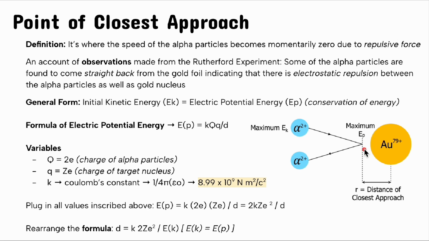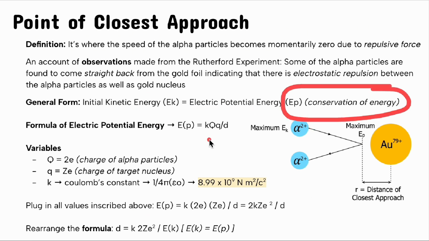The alpha particle arrives at a point called the distance of closest approach, where the two, initial kinetic energy and electric potential energy, are equal to one another due to the conservation of energy, where energy is neither created nor destroyed. And in this case, kinetic energy is transferred into electric potential energy, which preserves the statement by conserving the energy through the transfer of the two.